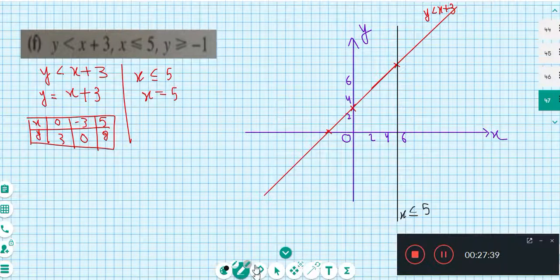Alright, the third one, this is with the pink color. Third one, y is greater than or equal to -1.